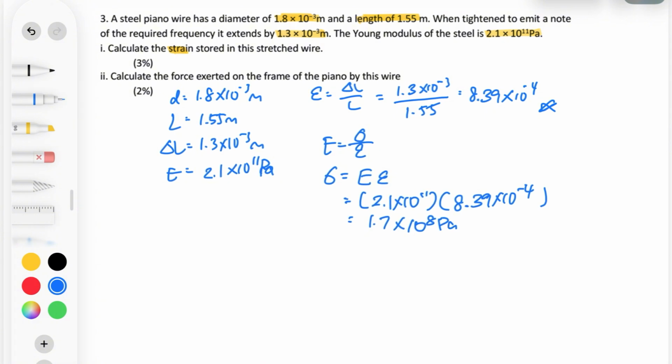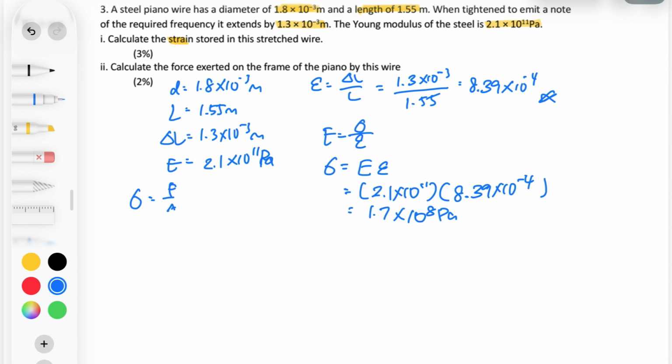But what we are finding is not stress, but the force. So what is the formula for force using stress? Stress is force over area, and the area is pi r square. So force equals 1.7 times 10 to the power of 8 times pi r square.